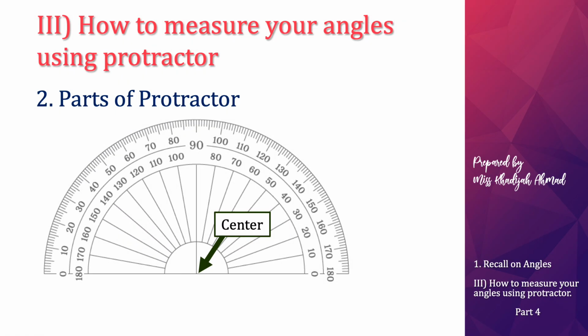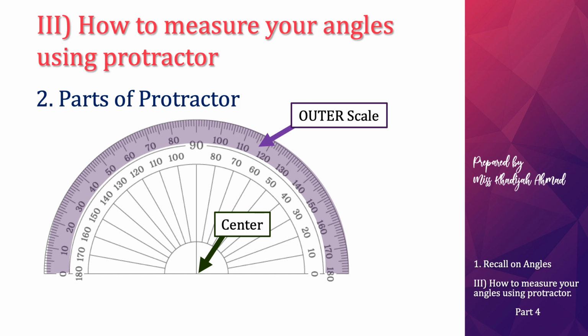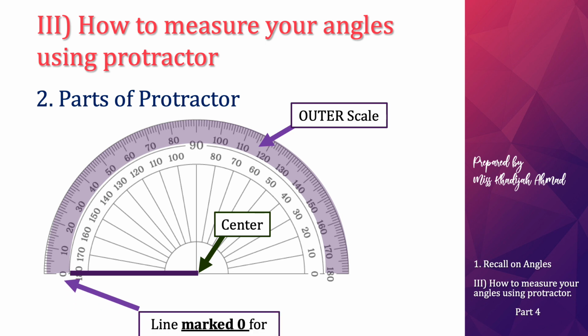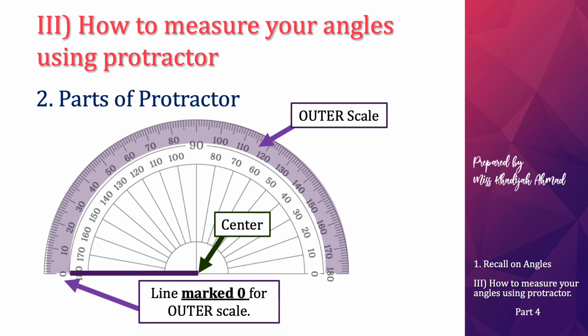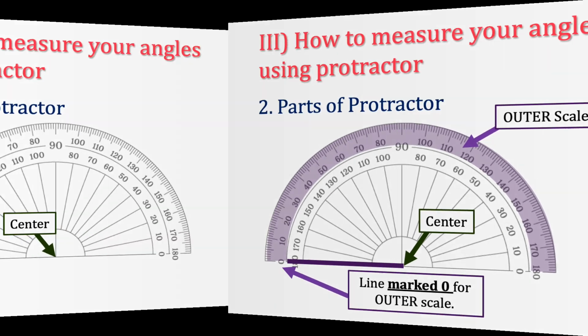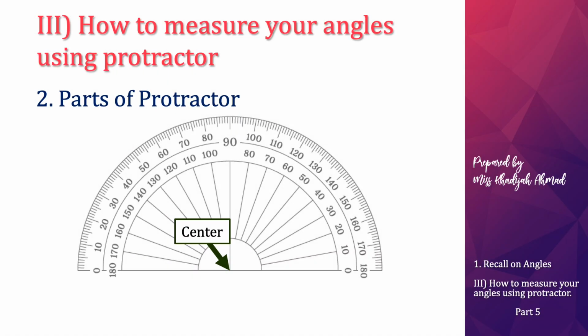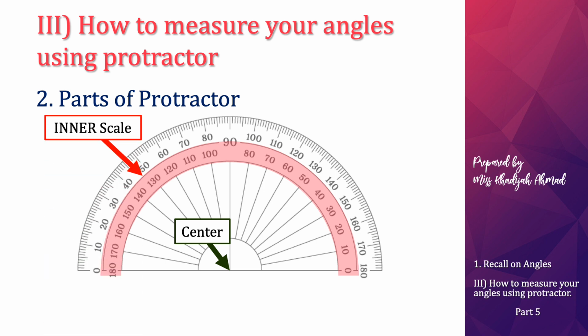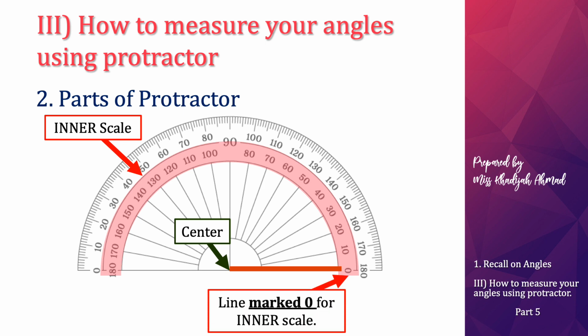When you measure your angle using outer scale, you have to make sure one of your angle sides is on the right line, mark 0, and the other side goes within the protractor. When you measure your angle using inner scale, you have to make sure one of your angle sides is on the left line, mark 0, and the other side goes within the protractor.